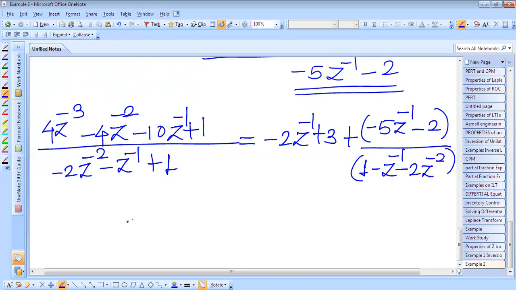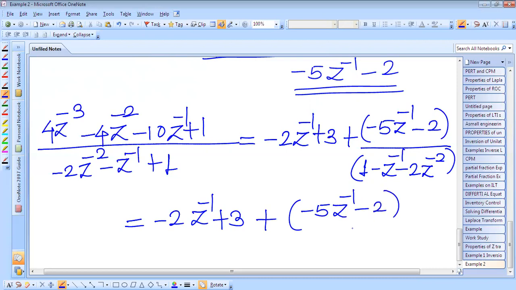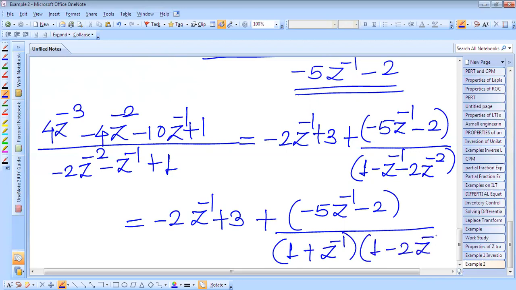We have to find the factor of this. So minus 2 z raised to power minus 1 plus 3 plus minus 5 z raised to power minus 1 minus 2, and the factor of this denominator polynomial is 1 plus z raised to power minus 1 into 1 minus 2 z raised to power minus 1.